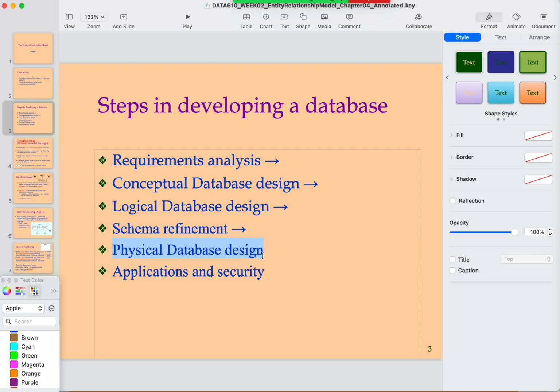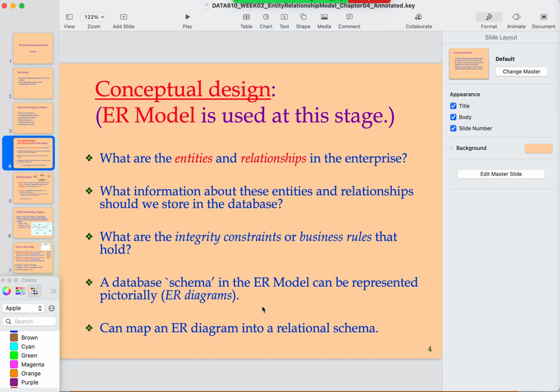Then we will do the physical database design. That is, we're actually going to create these tables in the database, so that they will exist physically on the hard drive of the machine. And finally, we'll discuss what these databases are used for, what their practical applications are, and if there are any security steps, security of the database.